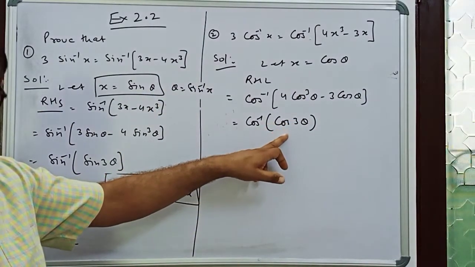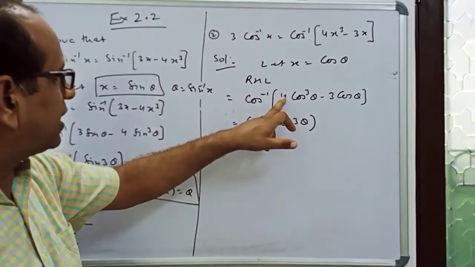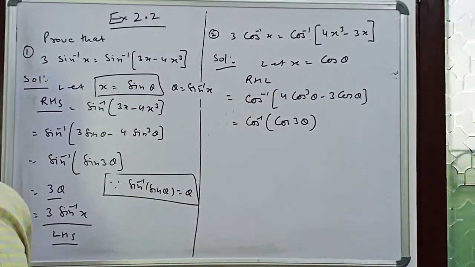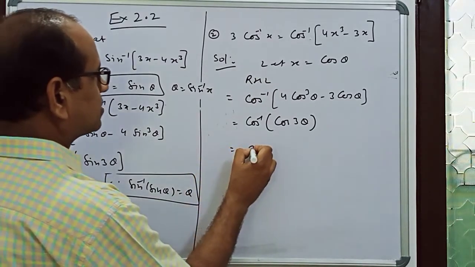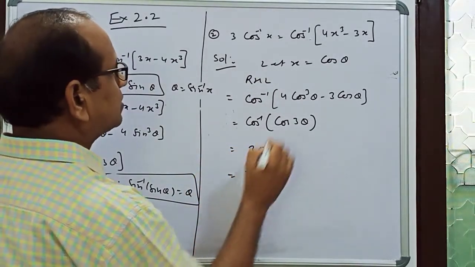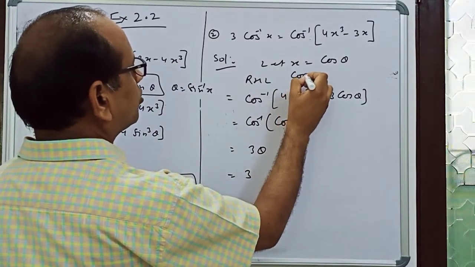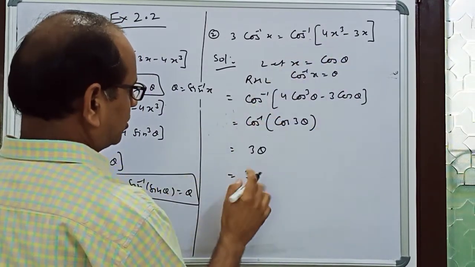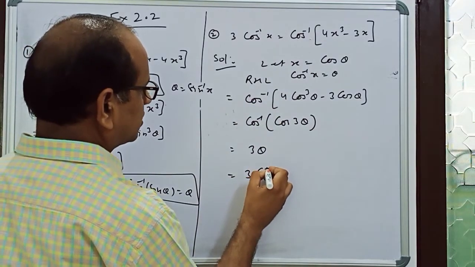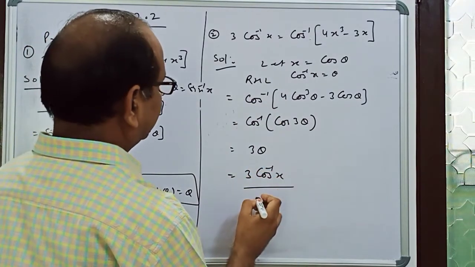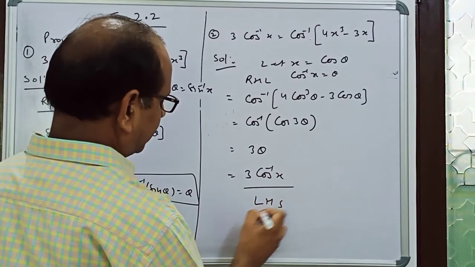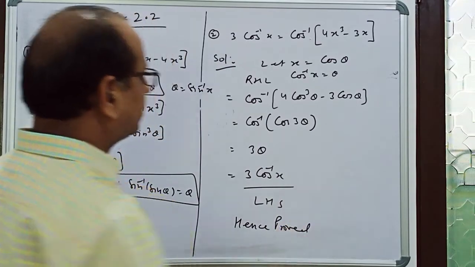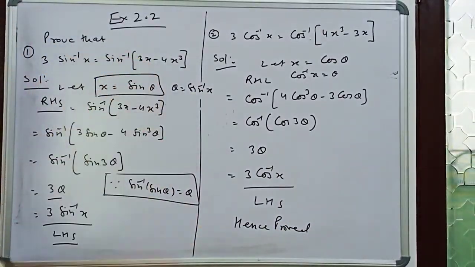You have read in the 11th class that cos 3 theta is 4 cos cube theta minus 3 cos theta. So I have used the reverse of that. And now it is 3 theta. Here cos inverse x will be theta because this we have taken. So now I can write 3 cos inverse x, and that is the left hand side. So in this way we can prove the identity.